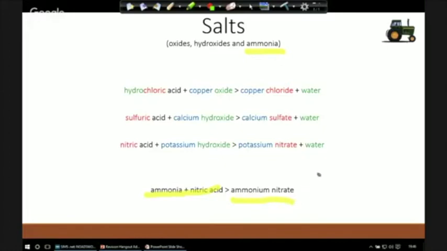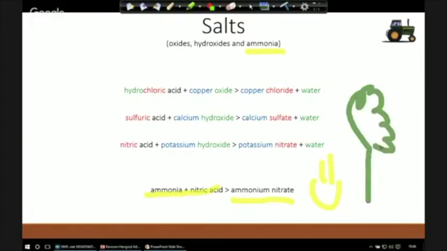Ammonium nitrate is brilliant because it is a fertilizer. It's going to make our trees grow nice and tall. And so when they get this ammonium nitrate, they're able to take that nitrogen, make lots of amino acids, lots of proteins, and grow nice and tall.